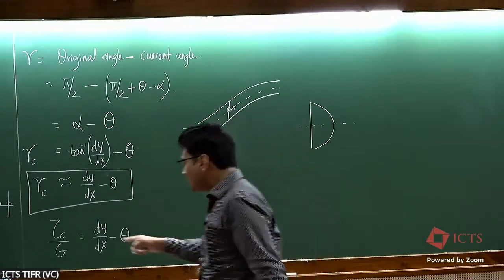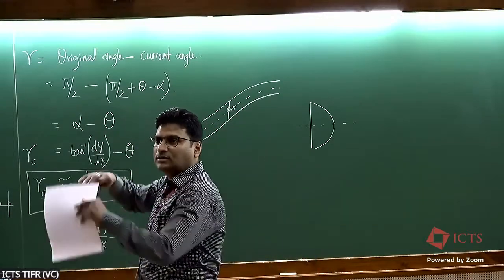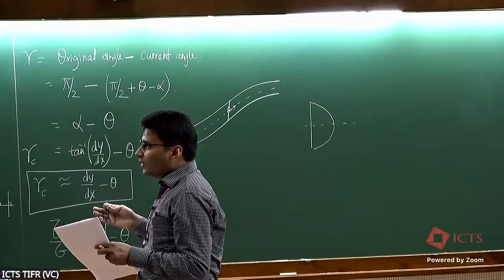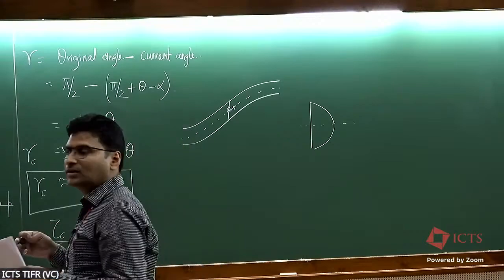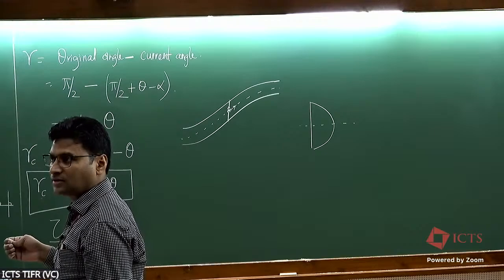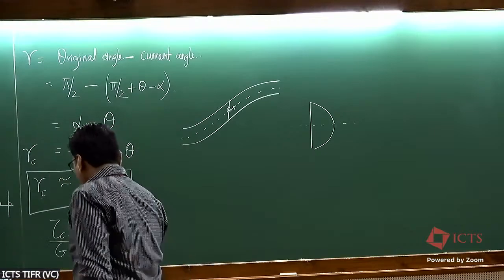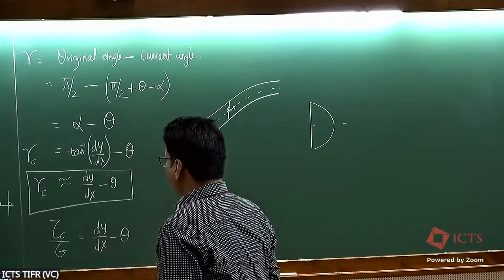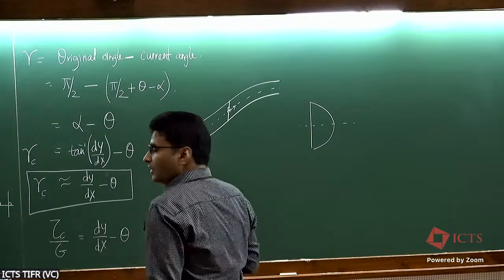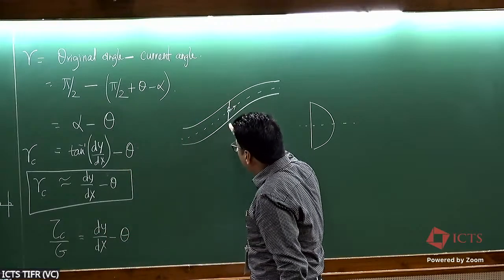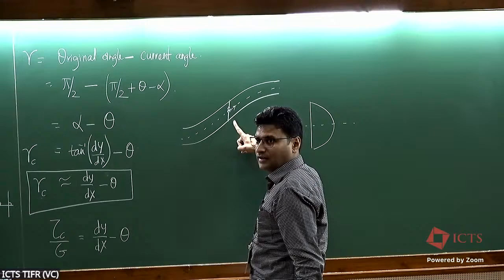Now, this tau shear stress is a 3D thing. It's a 3D stress. But in beam theory, we are working with forces and moment. We are not working with stress. Can we write this in terms of stress? So first of all, what do you think would be the average shear stress in the cross section?